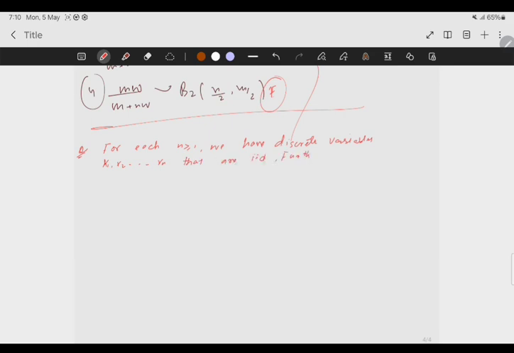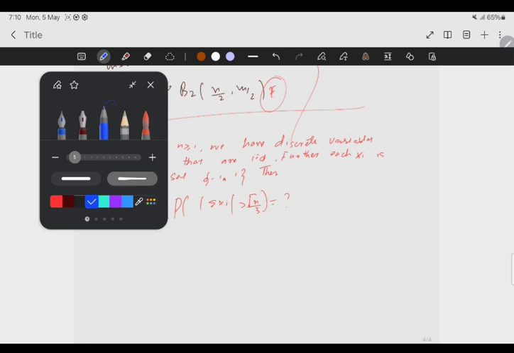Further, each xi is uniform over the set -1 to 1. Then limit n tending to infinity probability summation xi greater than under root n divided by 3, which is equal to something. So we need to calculate that something.